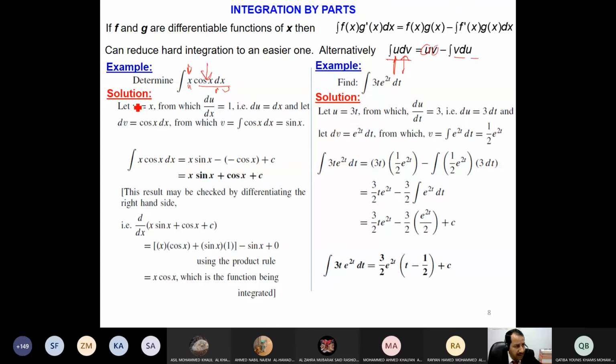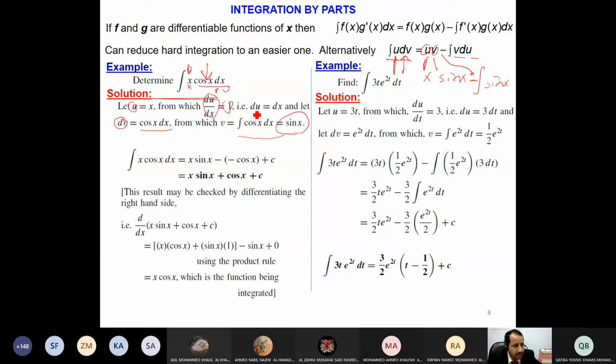Since I have u, let me find du over dx, which gives me 1. And since I have dv, let me integrate to find v. I integrated, and I found v is sine x. Next step, I will substitute in the formula u and v. Where u is x, and v is sine x. Minus, because the rule says minus, you see here? Integration of v, where v is sine.